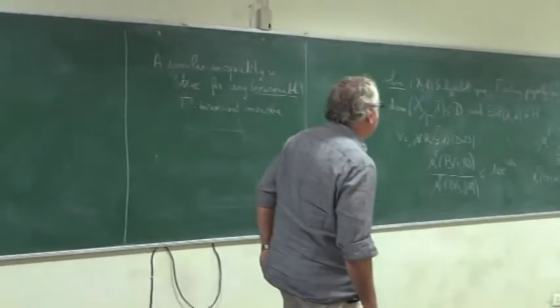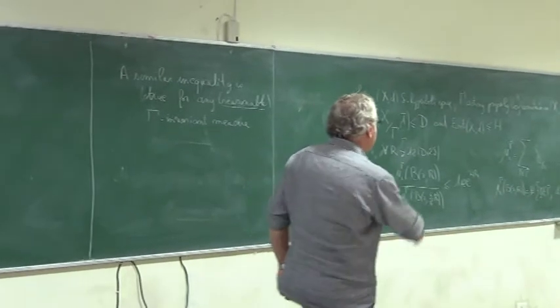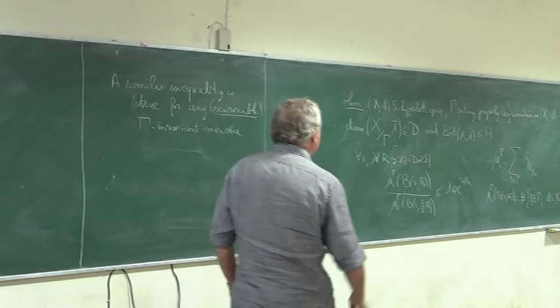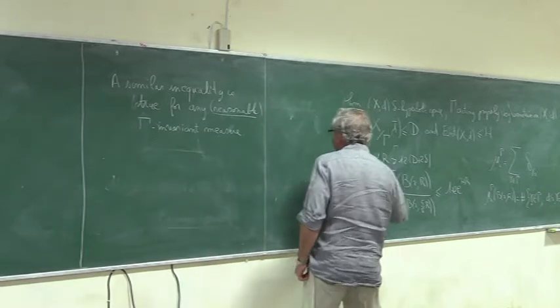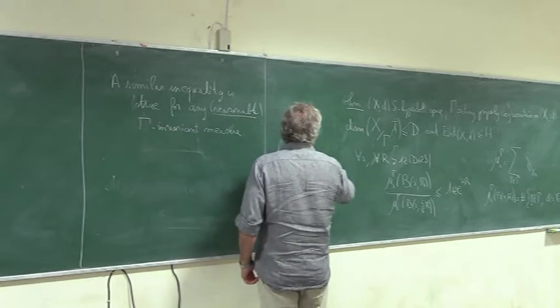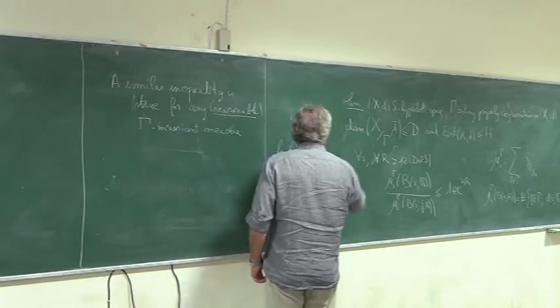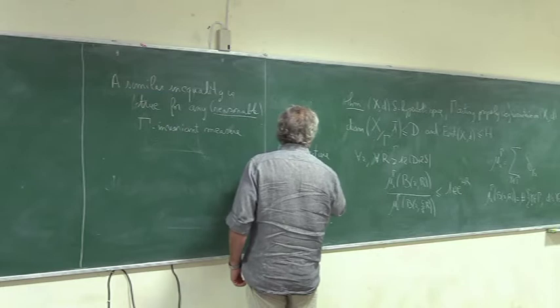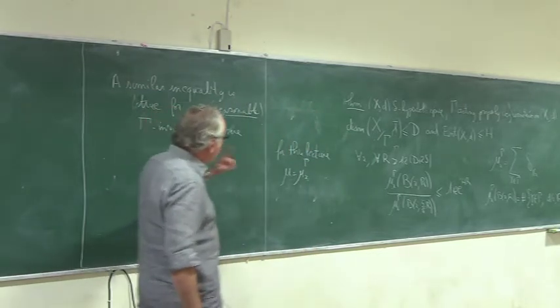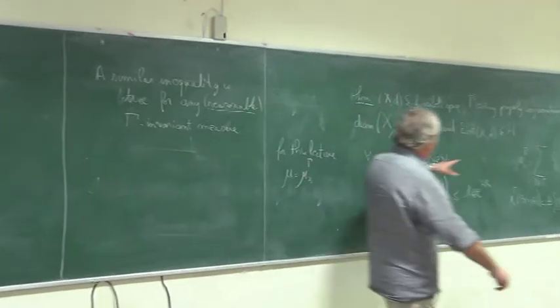Okay. So what else should I recall? This is okay. Good. So this notation is very heavy. So for this lecture, I will use mu instead of mu x gamma to simplify the notation. And just remember that this mu is a counting measure.